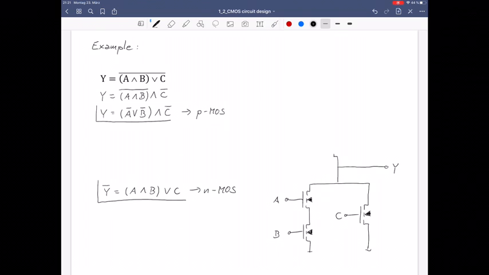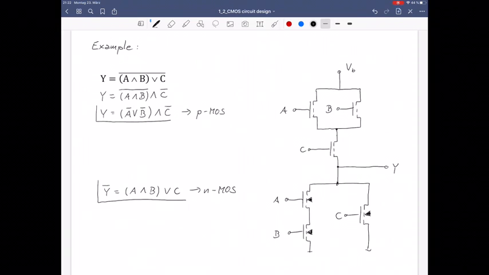Let me start with the transistor for the input signal C. And as I mentioned before, this is series connected to a parallel connection of a transistor A and a transistor with the input signal B. So I connect the upper part of the circuit with the supply voltage or the battery voltage VB, and that's it. So we have the complete CMOS circuit right here.